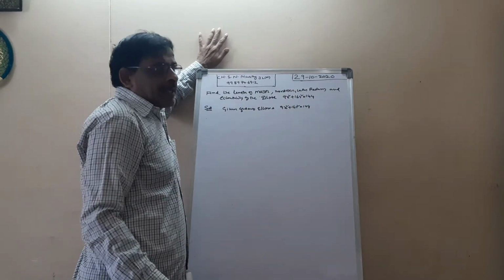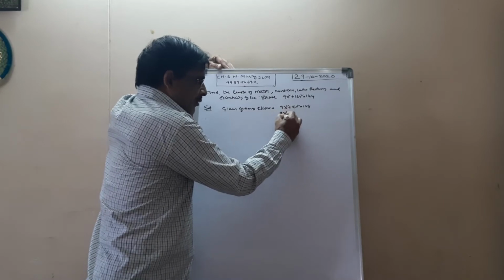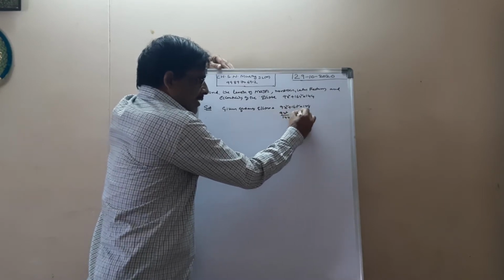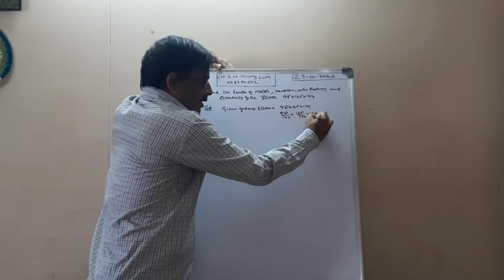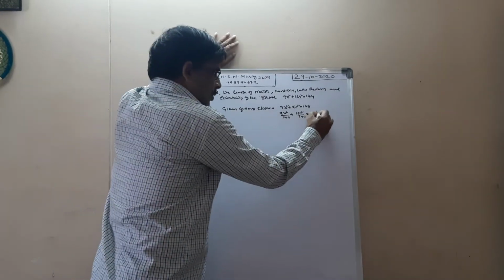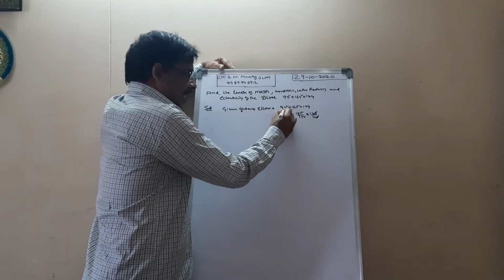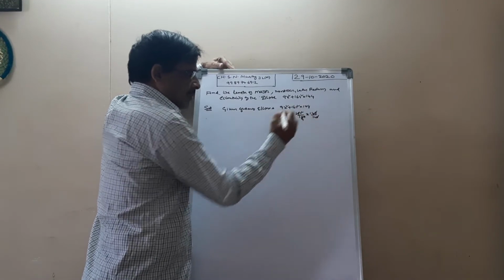Let me write it in standard form. 9x square by 144 plus 16y square by 144 equal to 144 by 144. These two are cancelled here: 9 goes to 16 times, 16 goes to 9 times.